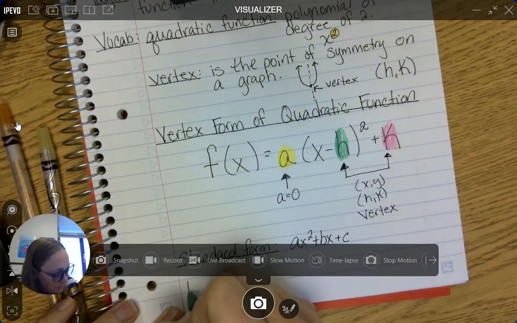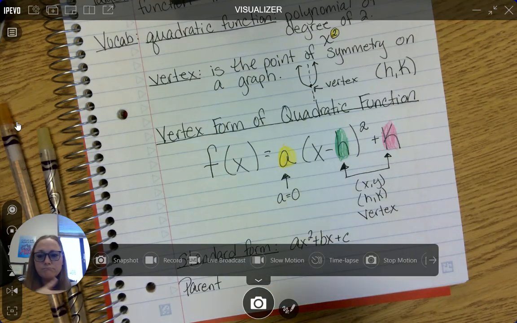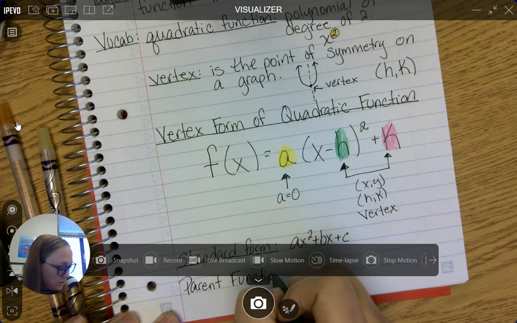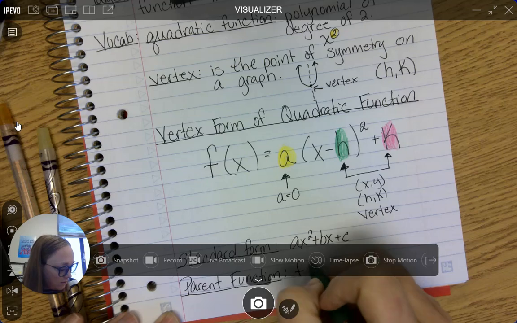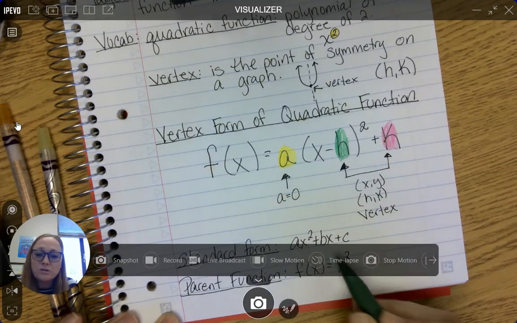And our parent function, just like your parents, you know, you have your parents and then you came along, right? So the parents came before you. The parent function is like the beginning function. So all of our quadratics have this parent function of f of x equals x squared. Again, you're seeing that exponent of 2.